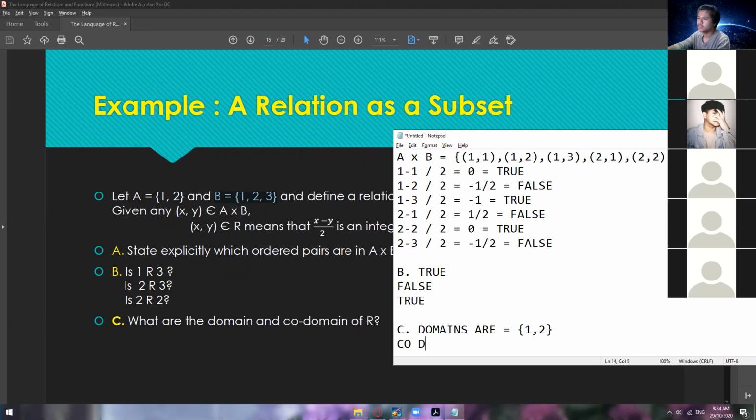And then the codomain is the same as the range, if you're wondering. The codomain or range is 1, 2, and 3. So that is how to answer this relation. We have to follow a certain condition for us to be able to see that they are in relation, or that an ordered pair is in relation.